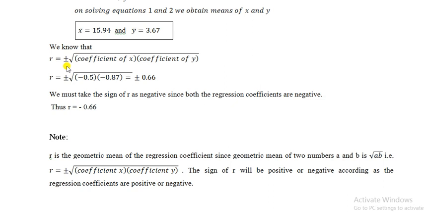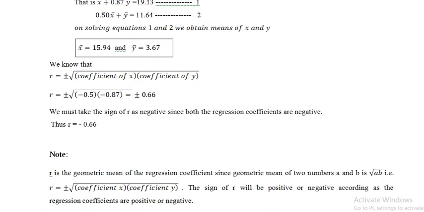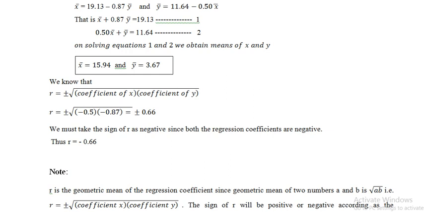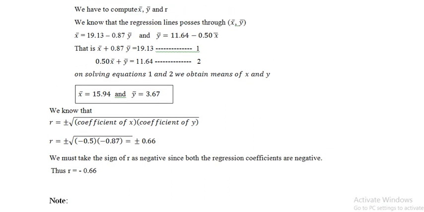Now what is required is the r value, that is the correlation. We know that r is equal to plus or minus the square root of the coefficient of x and coefficient of y. So you have to choose the coefficient of x and coefficient of y in the above equations. Here the coefficient of x is minus 0.5 and the coefficient of y is minus 0.87.